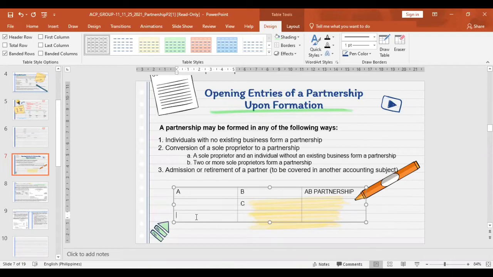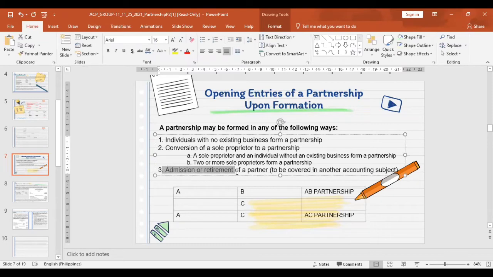And then, sabi ni B, ililipat ko na yung shares ko sa anak ko na si C. So ngayon, since nag-withdraw naman si B sa partnership niyo, hindi na siya yung kapartner mo. So yung kapartner mo na ngayon, si C, ganun. So magbi-give birth yun sa bagong partnership, AC, ganun. Yun yung ibig sabihin ng 3.